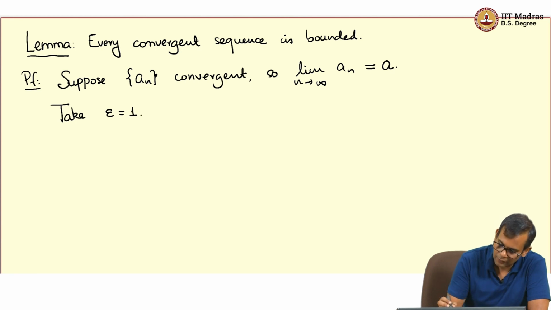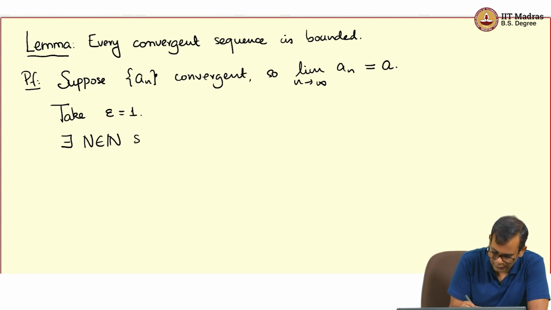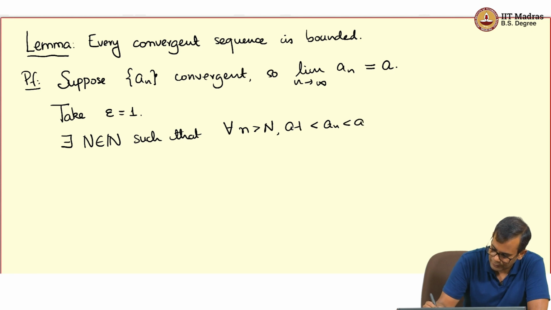This property that the limit of a_n as n tends to infinity equals a says that there exists a capital N, a natural number, such that for all n greater than N, a_n lies between a - 1 and a + 1.